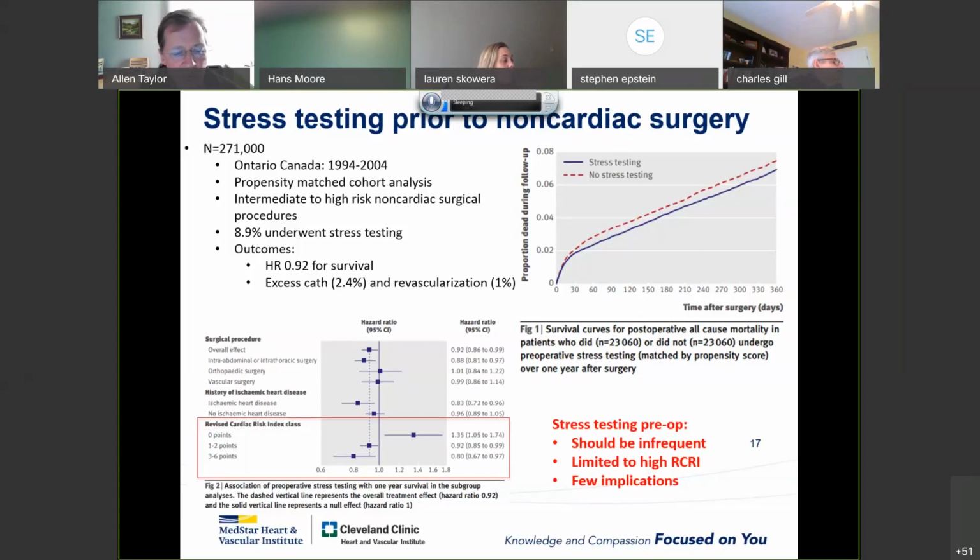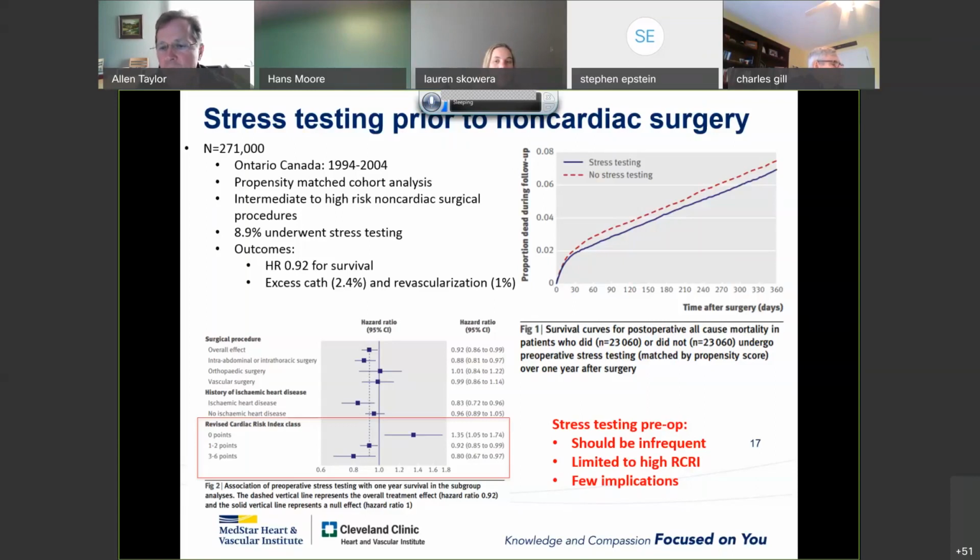If patients had a higher RCRI, particularly 3 and above, stress testing did appear to help in terms of overall survival. But you see the curve at the top right there, and this is the survival curve for this propensity matched analysis of 46,000 patients undergoing stress testing versus no stress testing. In fact, out to 30 days, there's no separation of the proportions that were dead during follow-up.